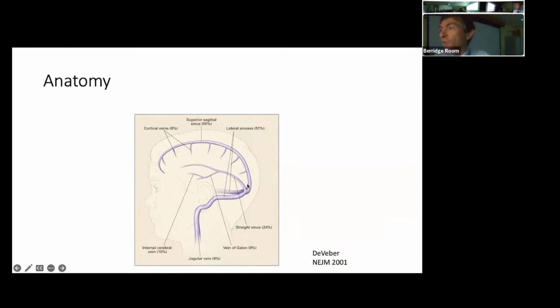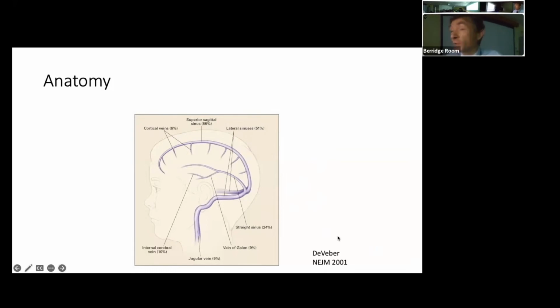But you can see here, just as a rough guide, about 55% of the cases were superior sagittal sinus thrombosis. This is in children from 0 up to 16 years, and about 34% were straight sinus. So the superior sagittal sinus thrombosis is more common, and the deep venous thrombosis slightly less common.